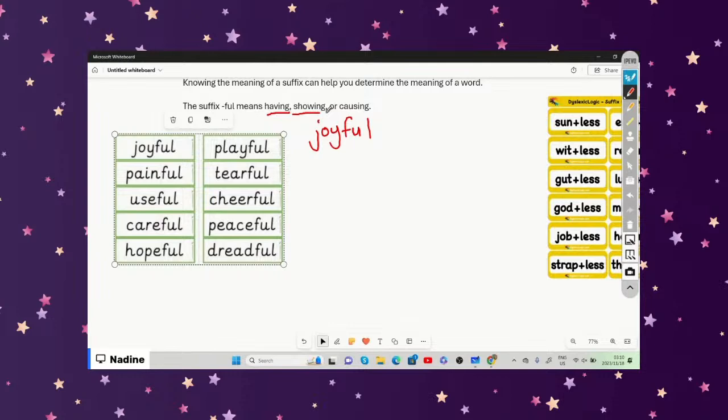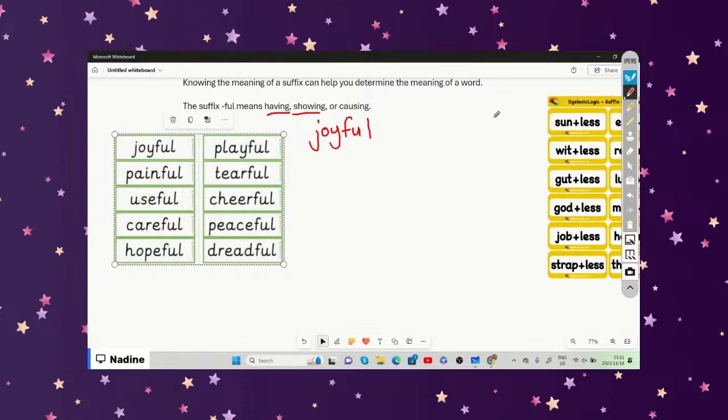Like if you get Christmas presents or new clothes, then on our face we will show our excitement and our joy, which means that the suffix full means, in this case, showing joy or having lots of joy.